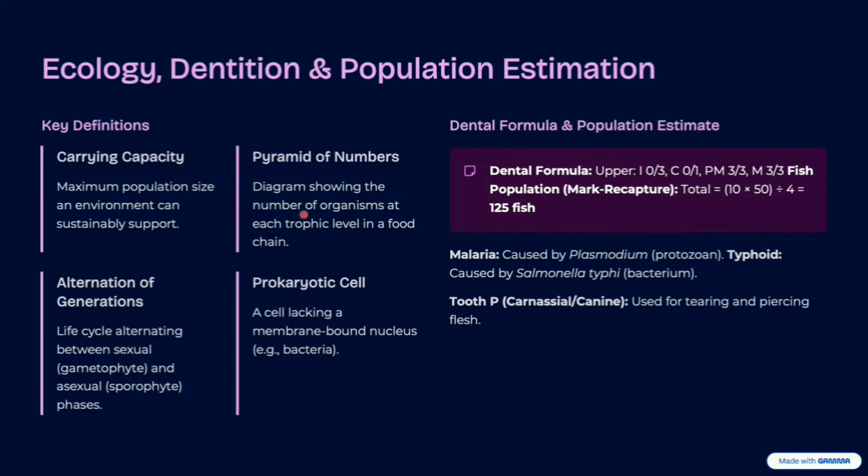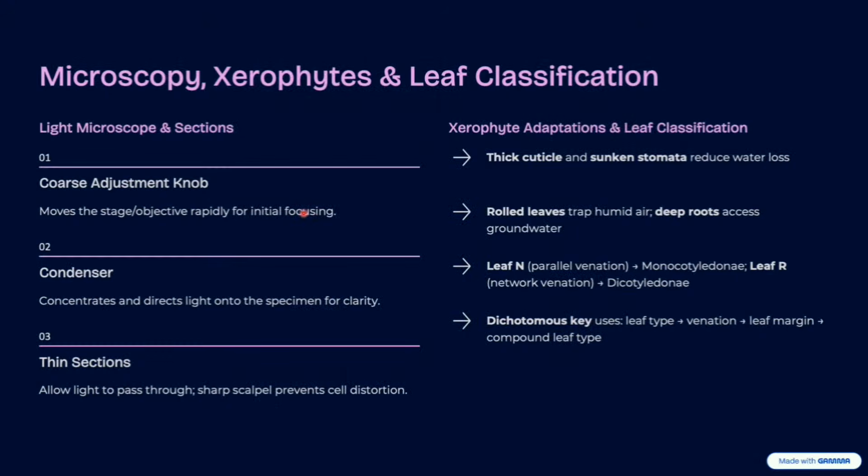Then explain the importance of the following. Cutting a very thin section. The reason why you're cutting a very thin section is to allow light to pass through, or to make light penetrate through it.